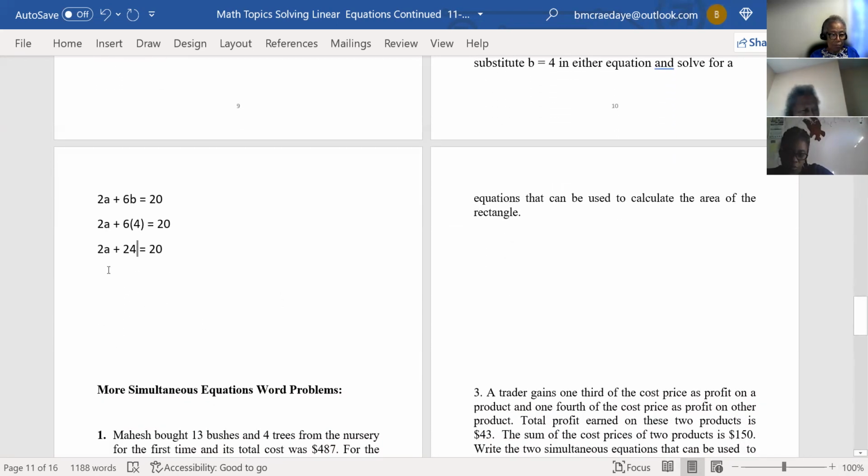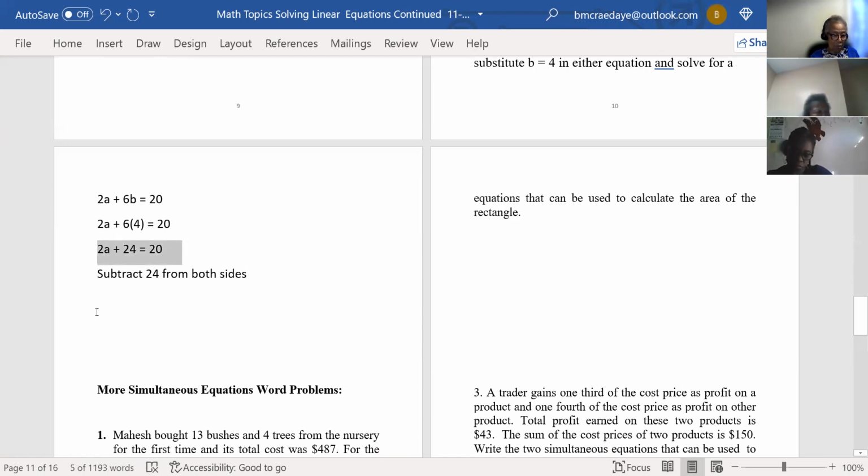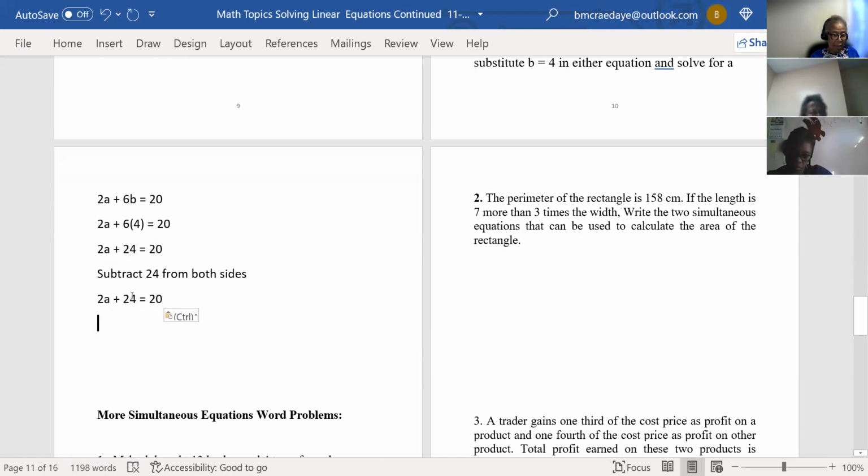Okay, let's put 2a plus 24 is 20 and subtract out our 24. On the left side minus 24 and on the right side minus 24.